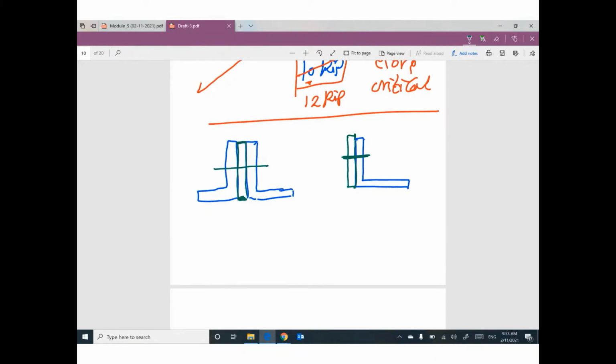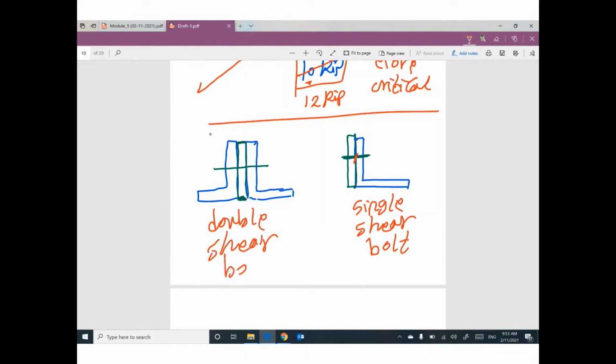What is the difference between this case and this case? We have a huge difference. In this case, we have a single shear bolt. In this case, we have a double shear bolt. This one and this one. Does that make sense?